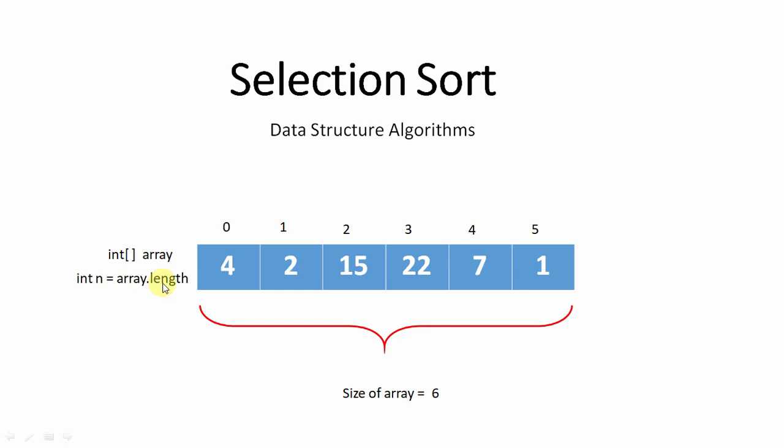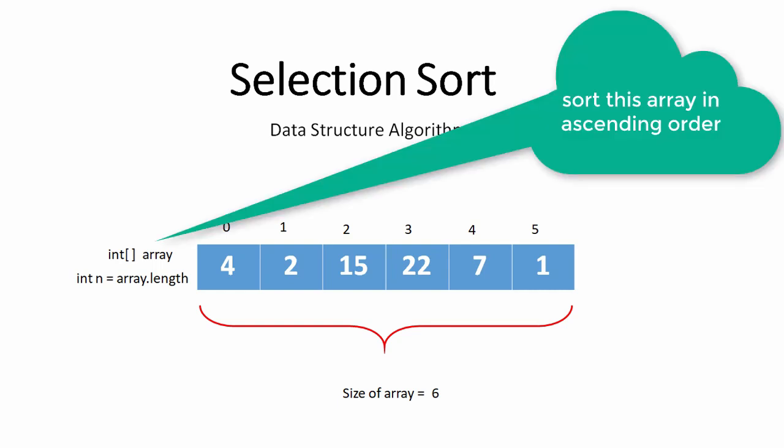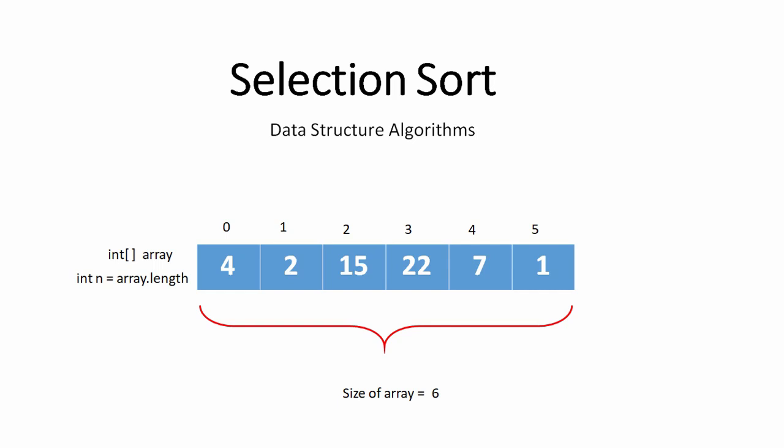So I am using an integer variable n, which will store the length of this array. We are going to sort this array in ascending order. Right now it is an unsorted array. We have to implement the selection sort algorithm on this array, and finally we will get a sorted array in ascending order. Now guys, we will move on to the next slide.